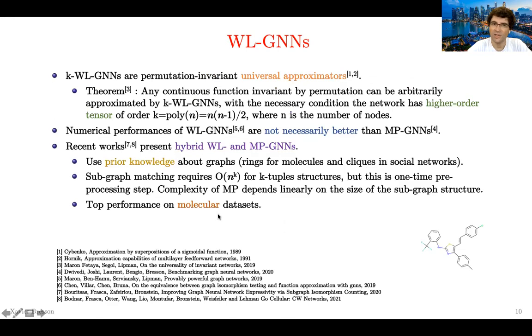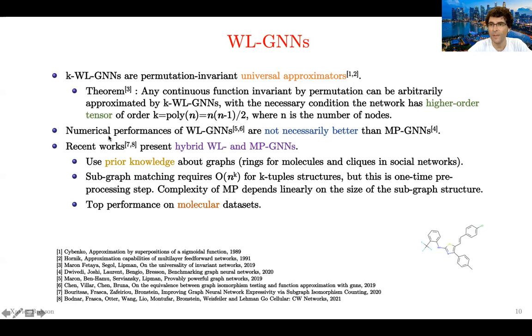So WL GNNs are permutation invariant universal approximators, which means that they can approximate any continuous function that is permutation invariant, but again under the condition that you use higher-order tensors.